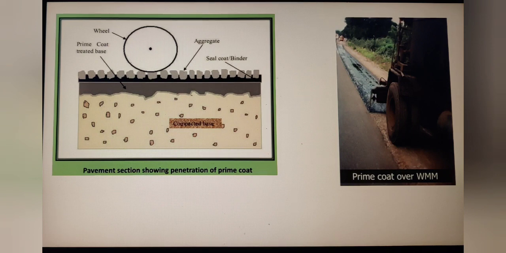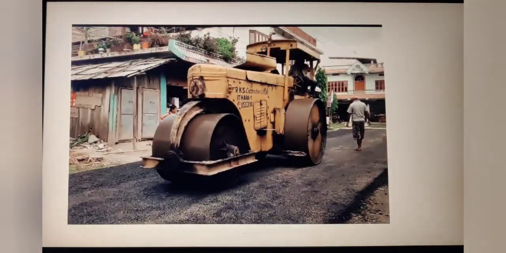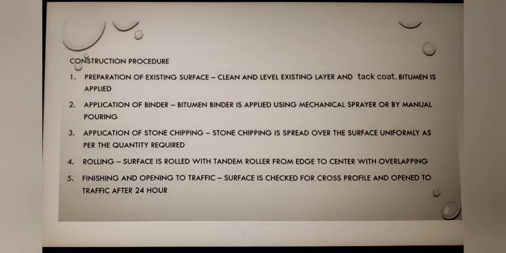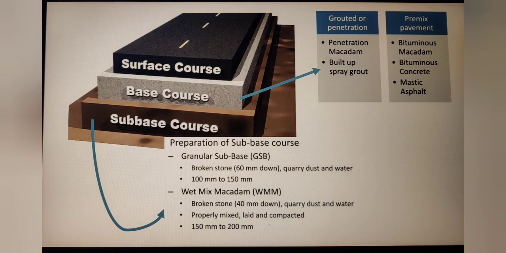Here the subbase used is wet mix macadam, which we have already discussed. These are the two materials used for the preparation of the subbase course, wet mix and GSB.